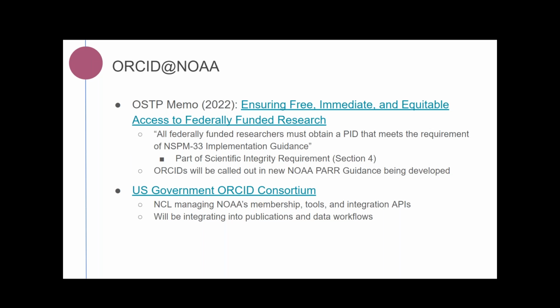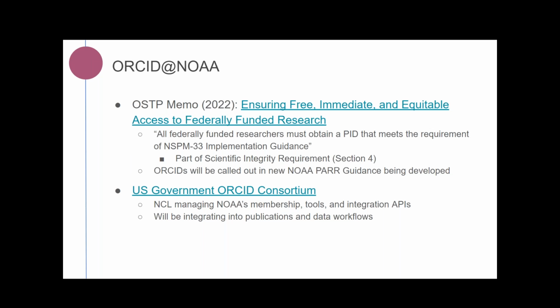Within NSPM 33, it calls for folks who receive federal funds for research to have a persistent identifier attached to their research publications. So there is implementation guidance that lays out requirements of what that PID should do, how it should be used, and where it should be displayed.